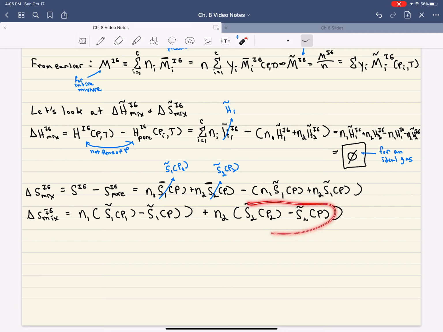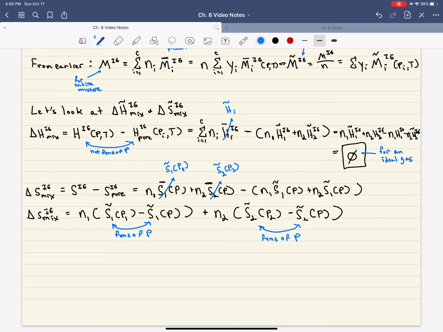Same here. And these do not equal 0, right? Because if you remember, when we dealt with the entropy of gases before, entropy is a function of pressure. So because of that, we're going to have a non-zero value here.